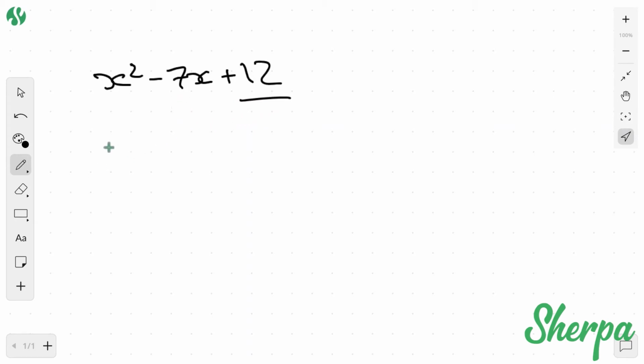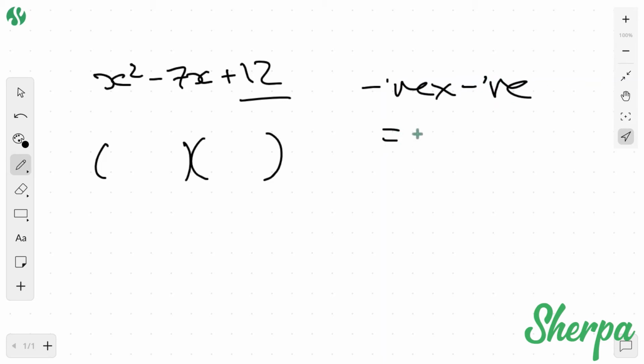So we know that both of these numbers have to be negative, because if we times a negative by a negative, it equals a positive. So x minus and x minus. Our factors of 12: 1 and 12, 2 and 6, 3 and 4.